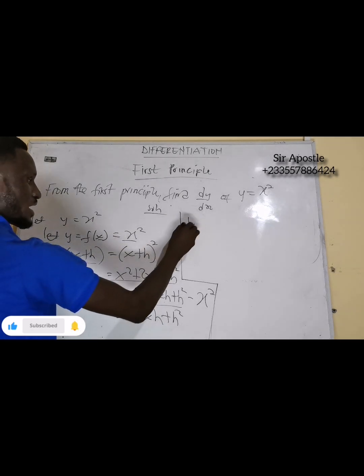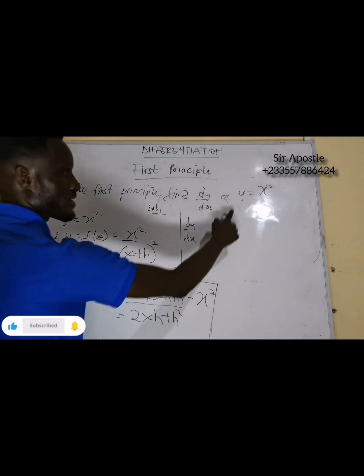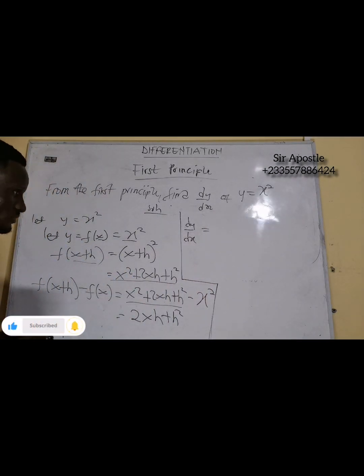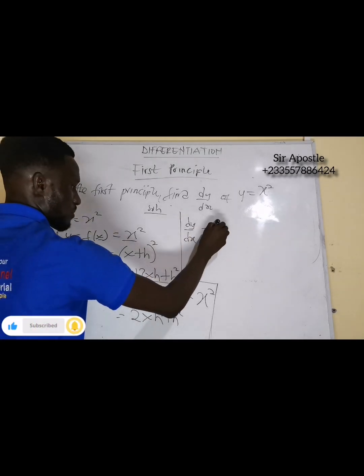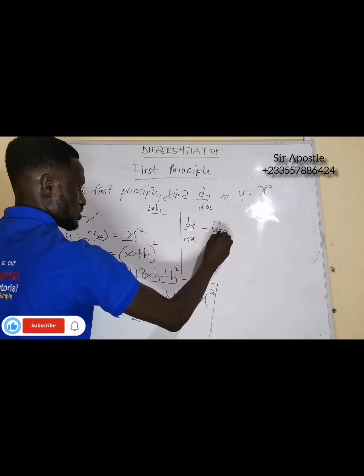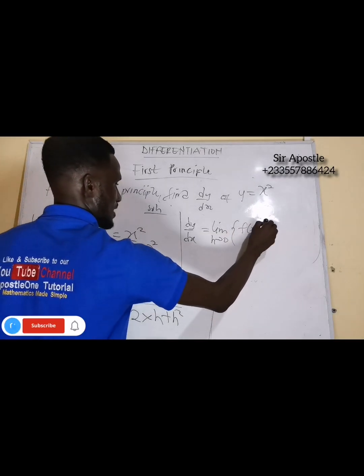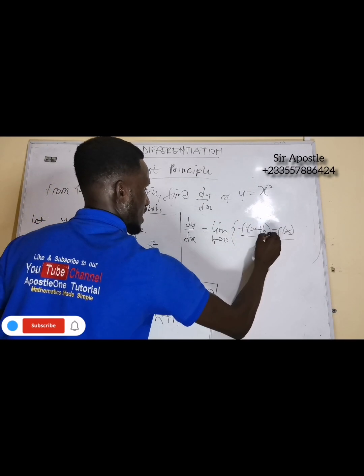Now, we are looking for the first derivative dy/dx, which means you are differentiating f of x. Let me write the formula: the limit as h approaches 0 of f of x plus h minus f of x, all divided by h.